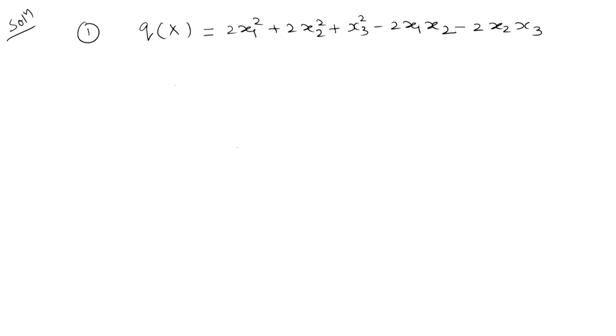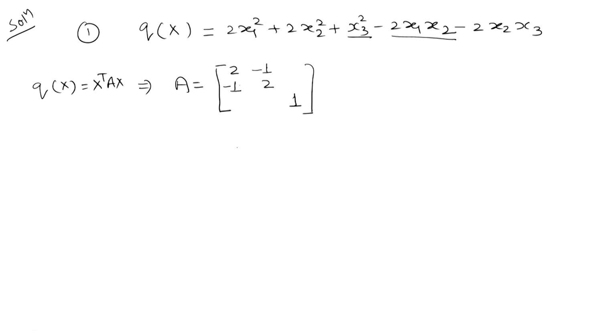Now the associated matrix is such that q(x) equals x transpose A x. Then A is: the first diagonal entry is the coefficient of x1 square, 2; the diagonal entry in the second row will be the coefficient of x2 square; and in the same way the diagonal entry in the third row will be the coefficient of x3 square. For minus 2 x1 x2, I will take minus 1 here and minus 1 here.